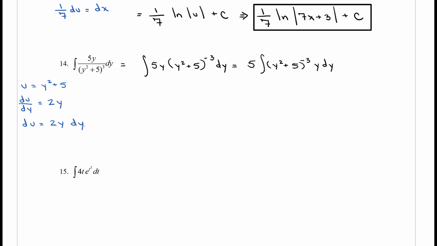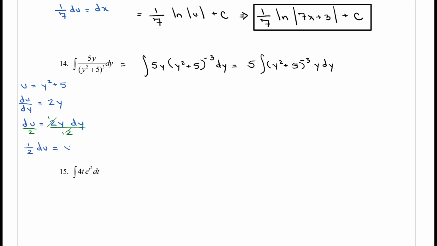And I don't have a 2 over here on my problem, so I'm going to divide both sides by 2 so I can isolate that y dy, and then it will substitute in nicely into my integral problem. So here I'm going to have 1/2 du is equal to y dy.